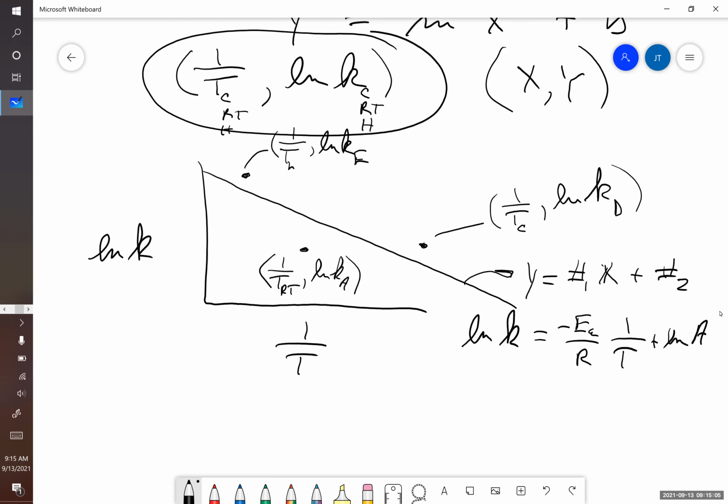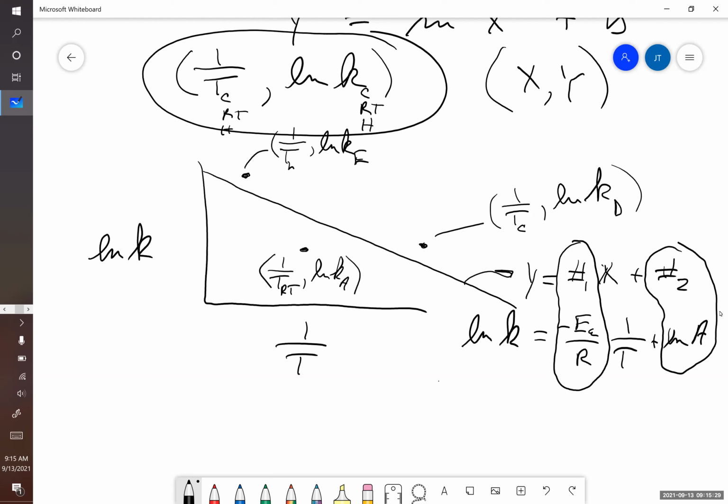So I see that the number that Excel gives me for the 2 value is related to A, and that slope here is related to EA. So you can see that the slope is going to be negative, and a negative cancels out a negative. So EA is going to be positive.